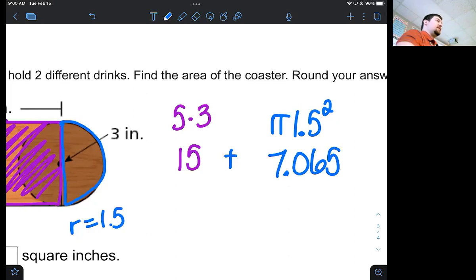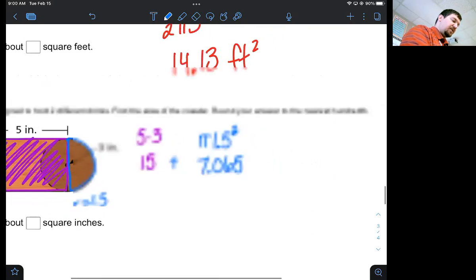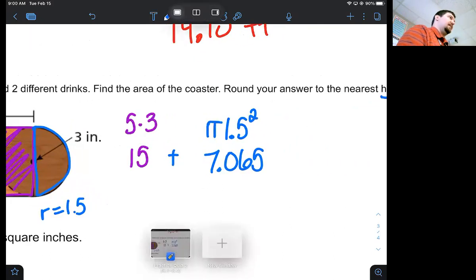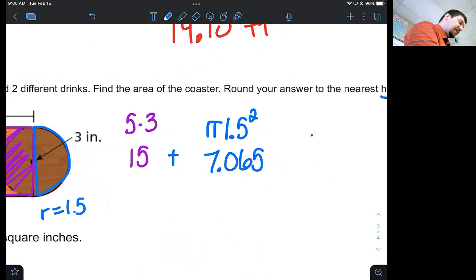I don't typically round at the beginning of a problem. I like to round at the end because that keeps my accuracy as long as possible. But since I know this is asking me to round to the nearest hundredth, and the 15 doesn't have any decimal places anyways, we might as well just go ahead and say this is 7.07. And the reason I'm saying 7.07 is because the 5 is enough to bump that 6 up.